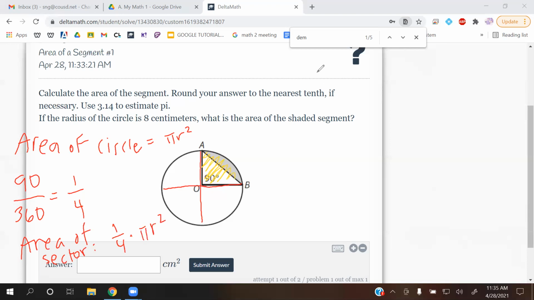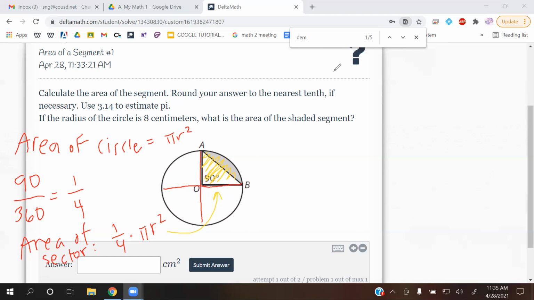So that's the yellow bit, okay? And so after we have the yellow bit, to get the gray shaded area, you just have to take the yellow sector and subtract the triangle.